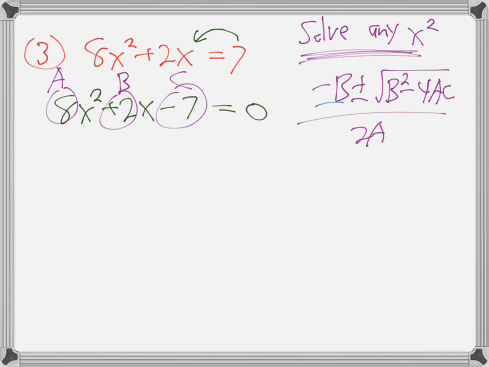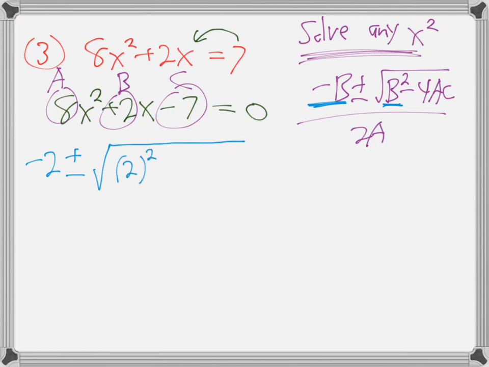Here we go. First off, negative B. So notice that formula has a negative in front of the B. So that's going to be negative 2. Good. Negative 2 plus or minus, it's two options, we'll get to that, square root of b squared. Next comes b squared, 2 squared.